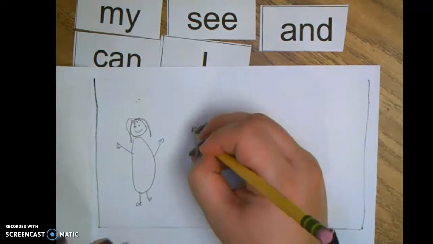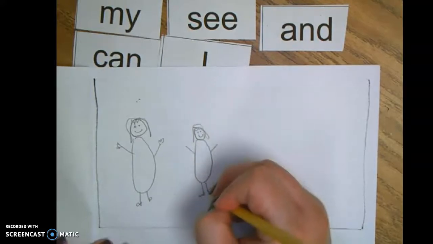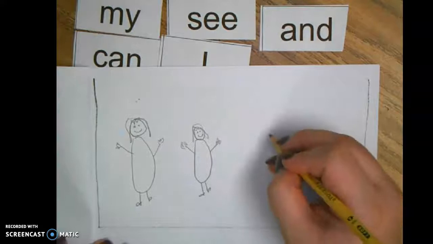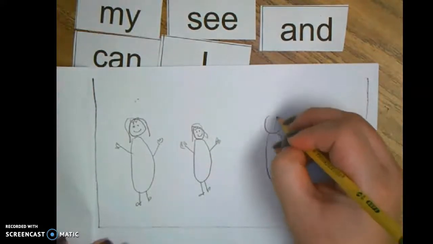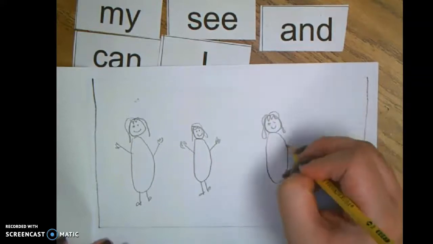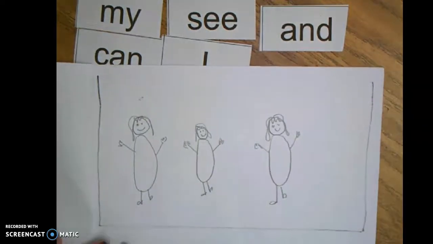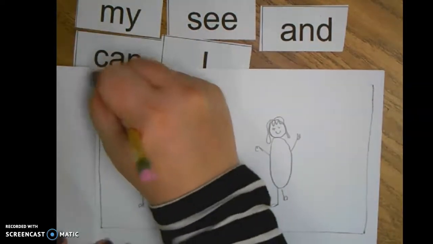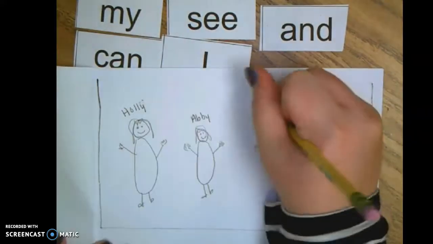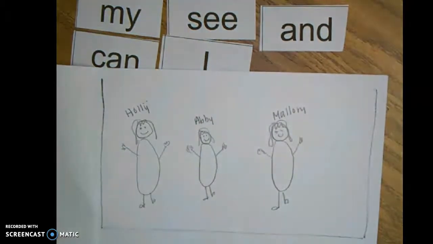So I have one sister, my second sister, and then I have the other sister. Okay? And I know how to write their names, so I'm going to go ahead and write them so I remember who they are. Okay? So there's my sisters.